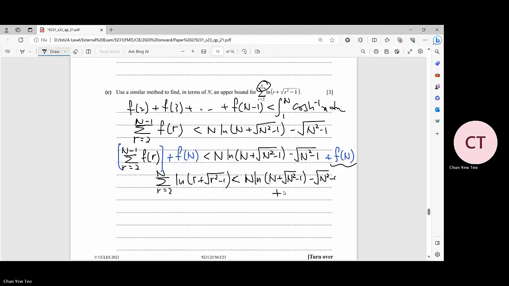Plus the ln of n plus square root of n square minus 1. So you need to be aware that these two are the same. You can combine them together. Therefore, you can get n plus 1 ln n plus the square root of n squared minus 1, minus the square root of n squared minus 1.